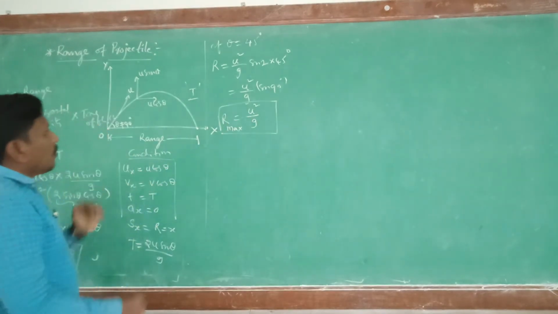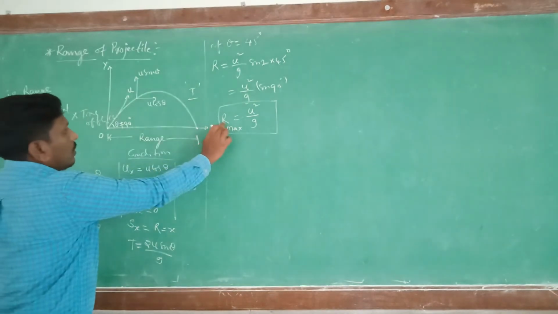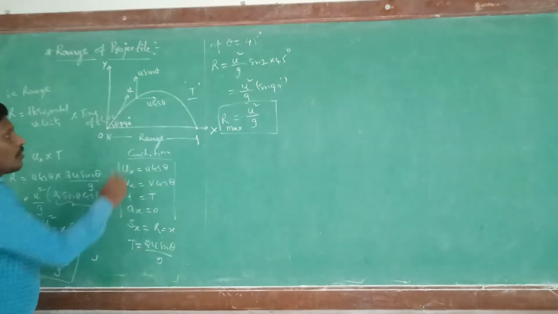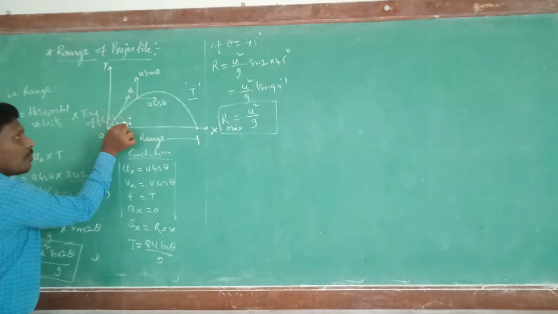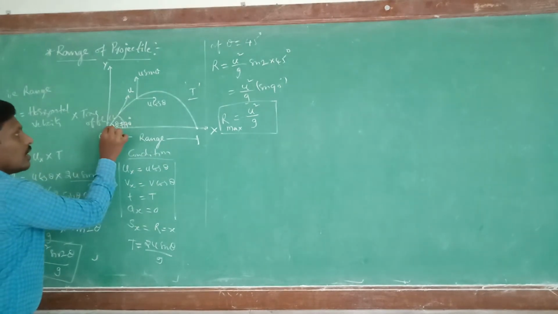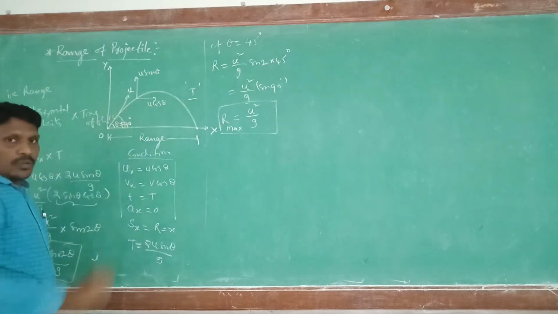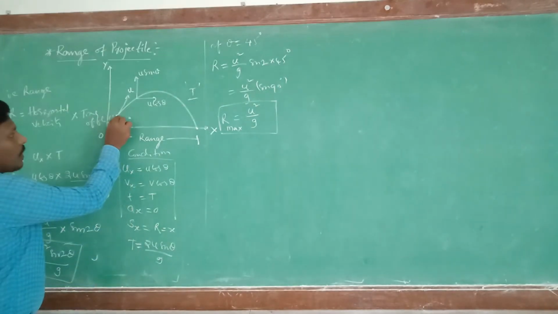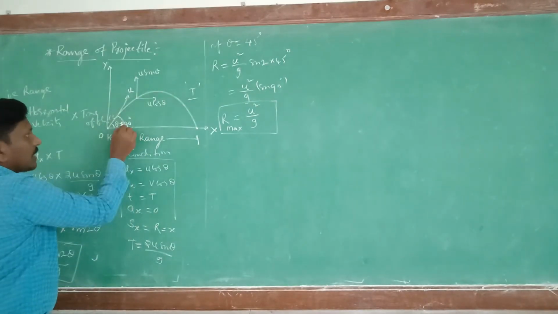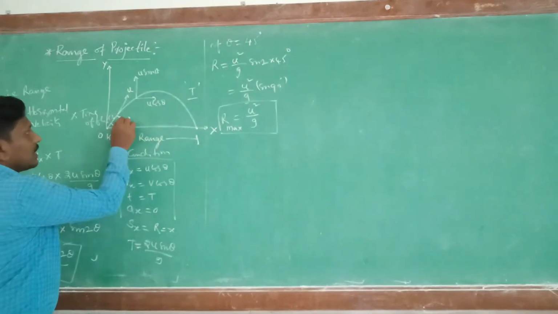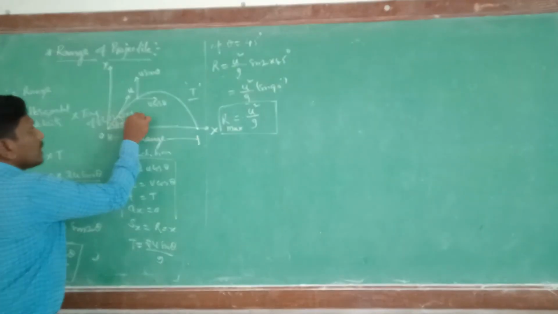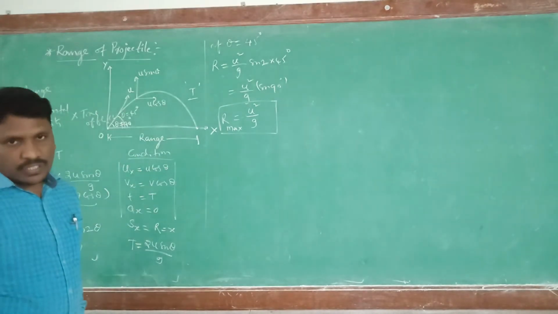When the range is maximum, the angle theta made between the trajectory of the projectile and the horizontal axis or x-axis must be 45 degrees only.